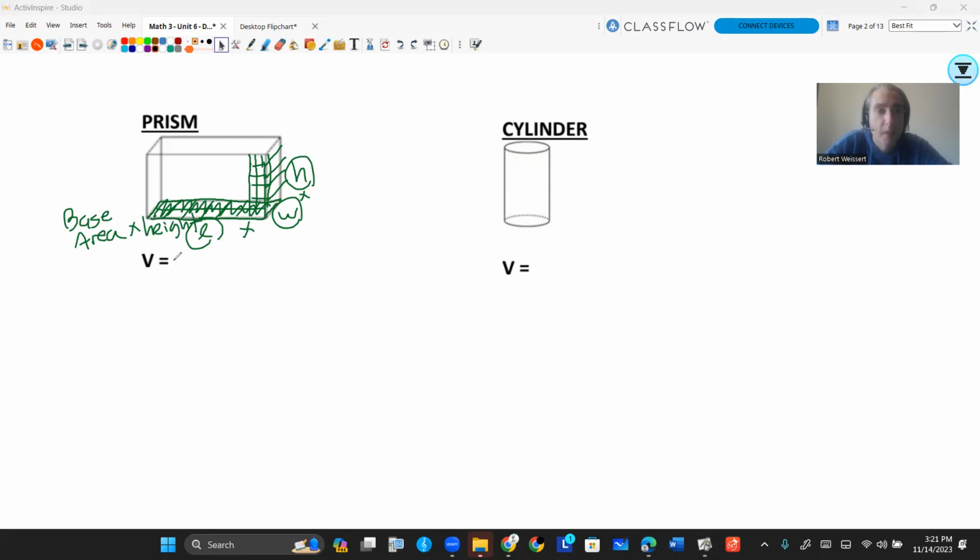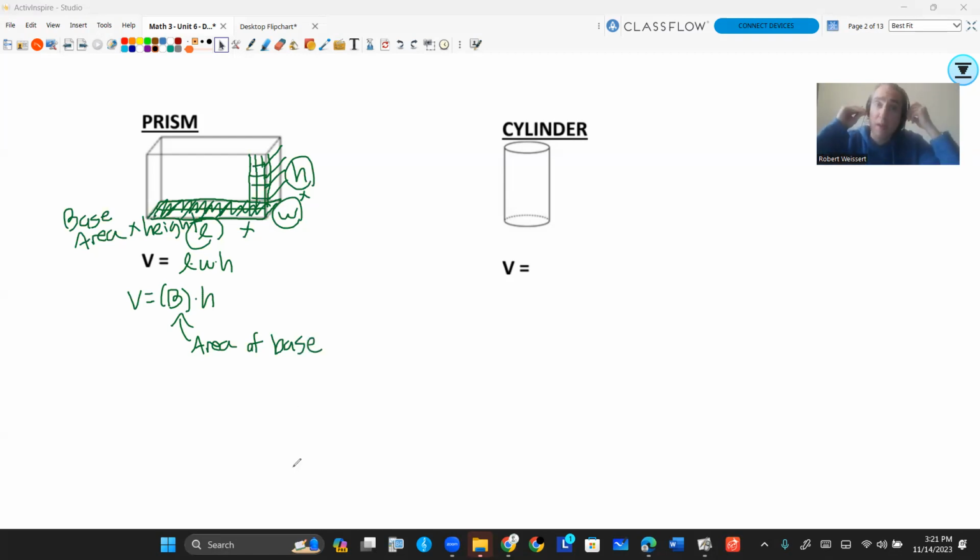In this case, since it's a rectangular prism, we can say length times width times height for most prisms that we're going to be dealing with here. But in general, it's capital B times H, and that capital B means that it's the area of the base.